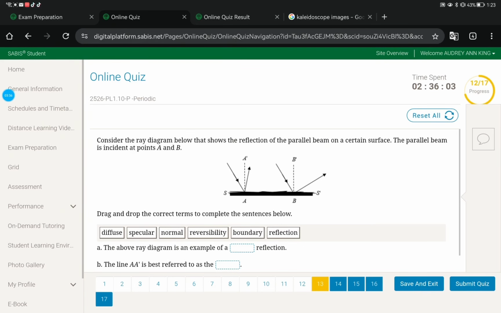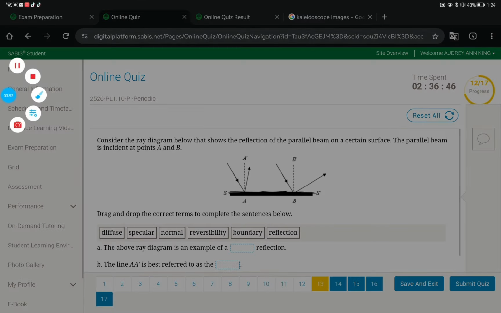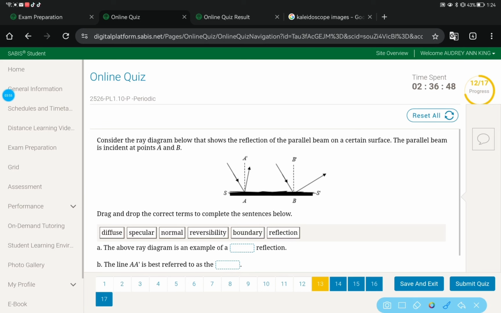Consider the ray diagram below that shows the reflection of the parallel beam on a certain surface. The parallel beam is incident at point A or B. One thing you should know is that there are two types of reflections. There is specular reflection, which looks pretty neat. Sorry, it's not coming out good when I'm trying to draw it.